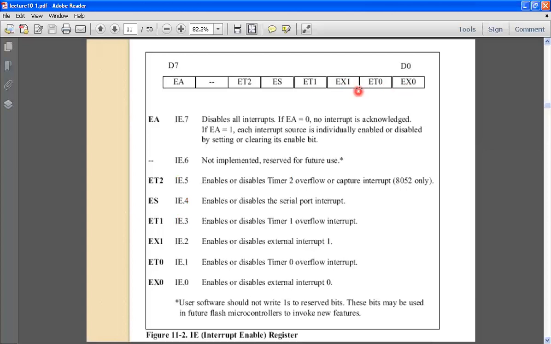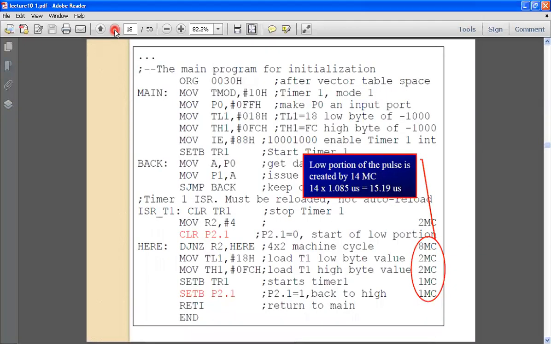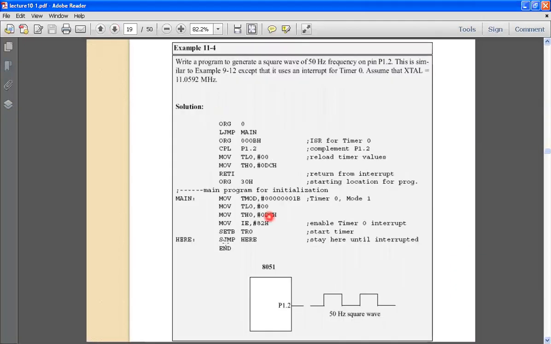Because we are using the timer 0 interrupt. So therefore the value MOV IE, #82H goes in the IE register.